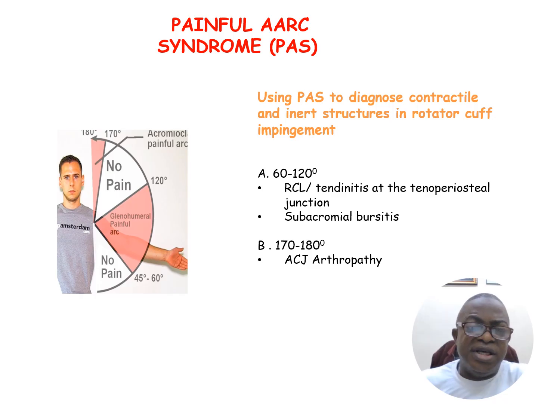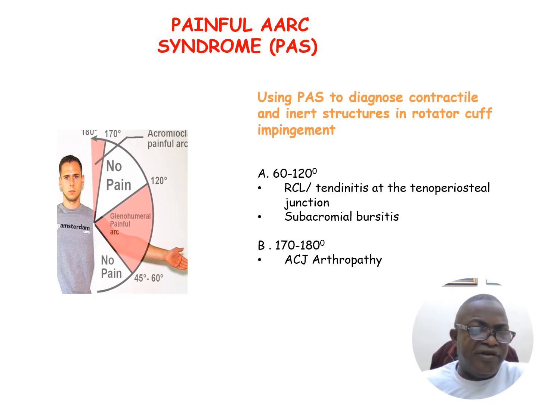And if you ask a patient that has rotator cuff impingement to carry out active abduction to elevation of 180 degrees, what you might notice is that one of the possible outcomes is that the patient will demonstrate discomfort or report pain when it gets to about 45 to 60 degrees of abduction, and the pain or discomfort continues until it gets to 120 degrees of abduction, and then by the time it gets to 120, the pain eases off until the end. Or it could be that the pain will not even feature between 45 and 120. The pain will only get reproduced when the patient gets to 170 degrees.